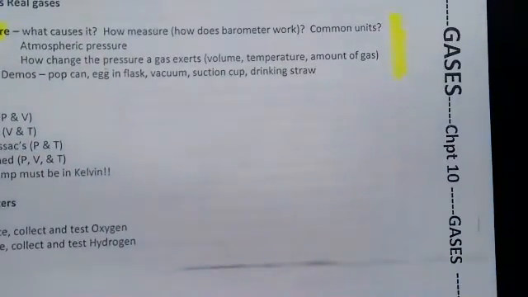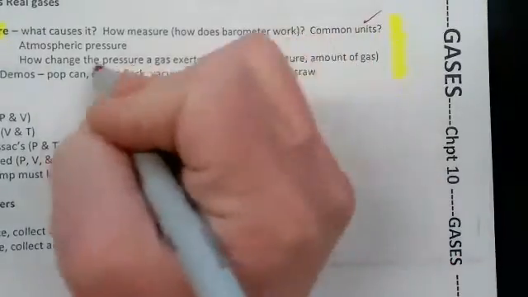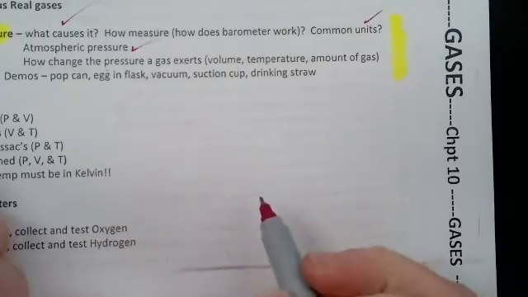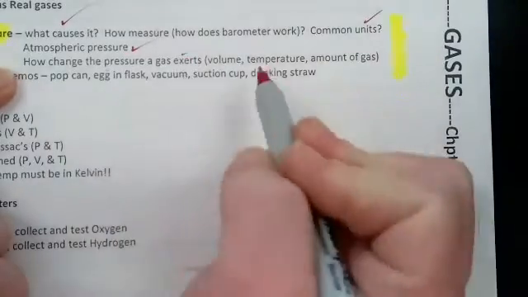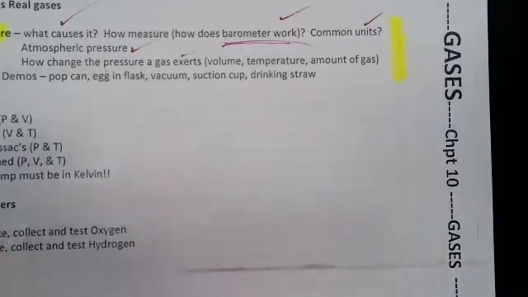All right. So if we go back, we've talked about common units for gas pressure, what is atmospheric pressure, what causes gas pressure, how can we change gas pressure, how do we measure it, meaning how does the barometer work? And then we did the demos.